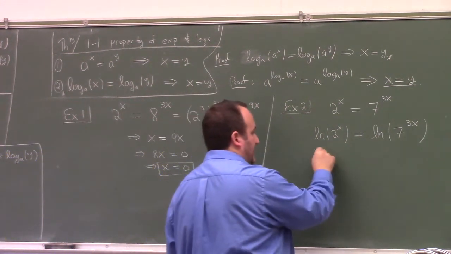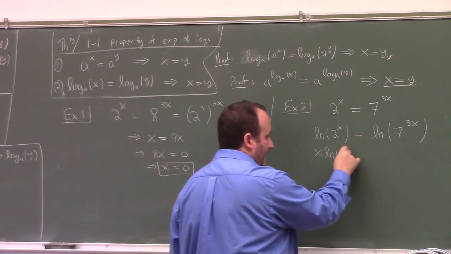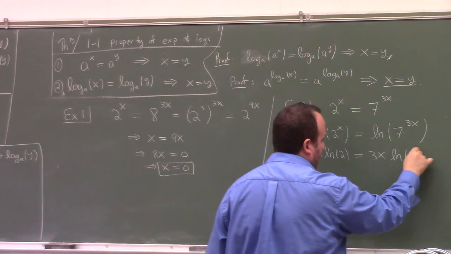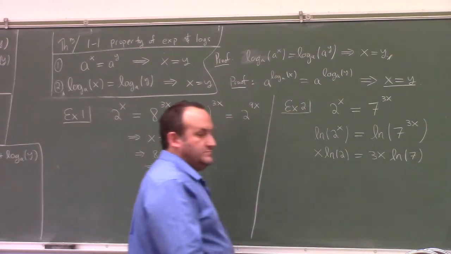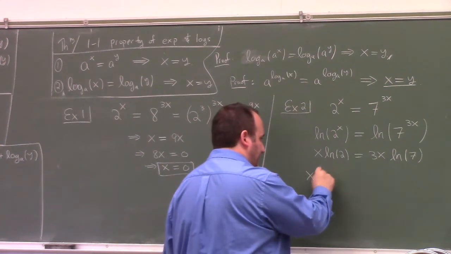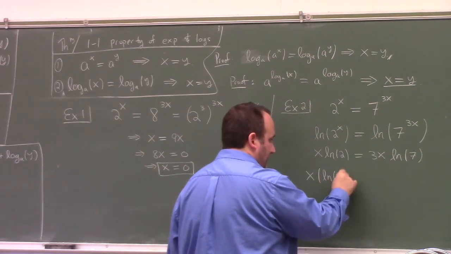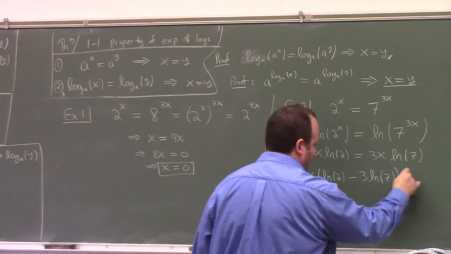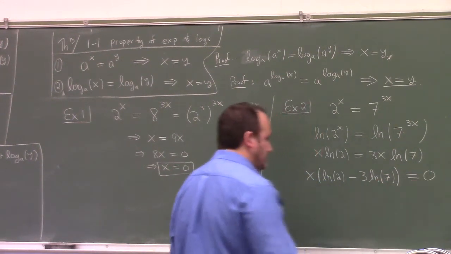This is x log 2, right? 3x log 7 by the power property of logs, right? So this gives me x times the natural log of 2 minus 3 times the natural log of 7 equals to 0.